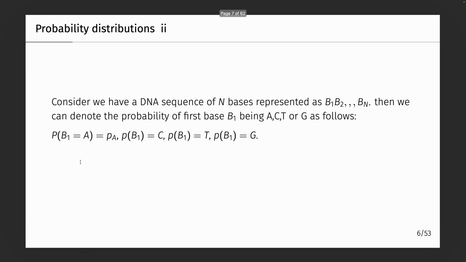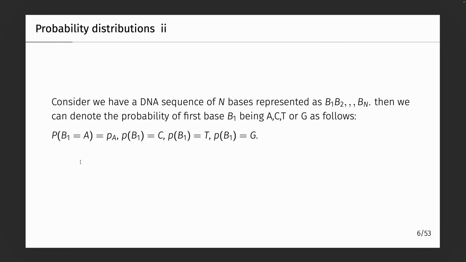Okay, then we're going to have a DNA sequence, let's say, where there are n bases. These n bases are represented as B1, B2 up to Bn. We can denote the probability of observing B1 to be A as P of A, because inherently it is generated by a process where this species has some inherent properties of generating a sequence.